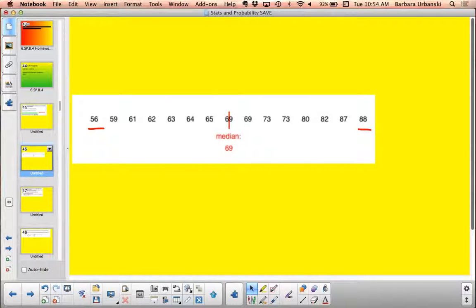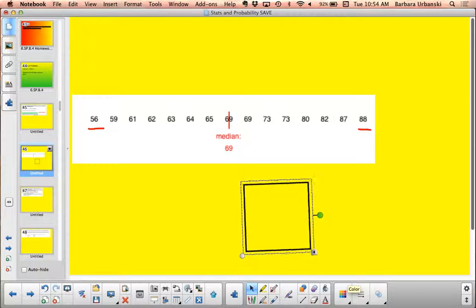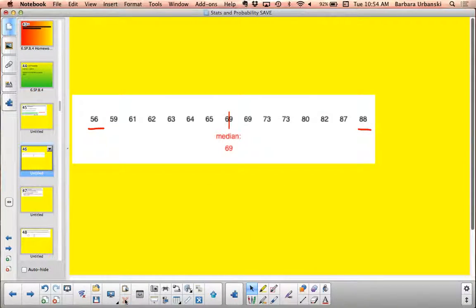If you cannot fit it on one line when you have your notebook in portrait, then it would be really important to rotate your page 90 degrees into landscape just so that you have more room. So here we have our data. It is in ascending order, a low of 56 to 88. Notice that there's plenty of space in between so that you're able to read your data.